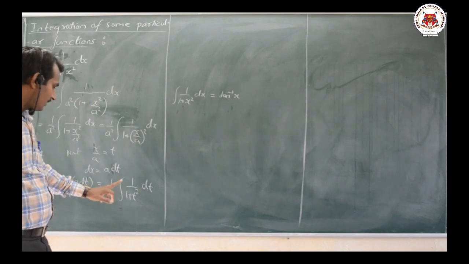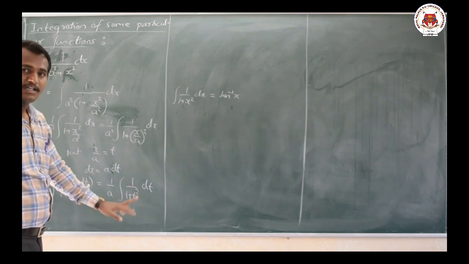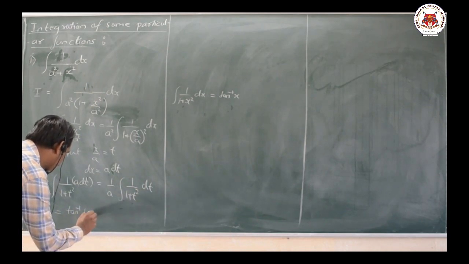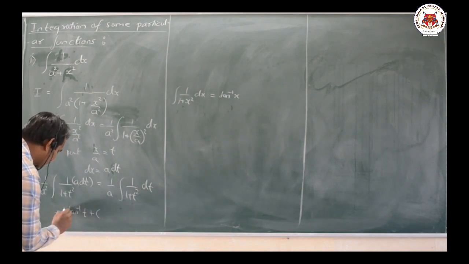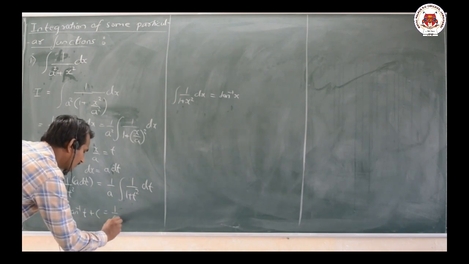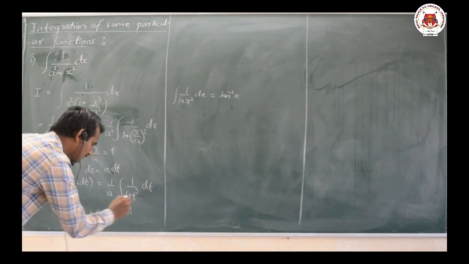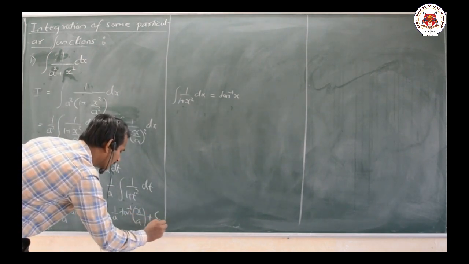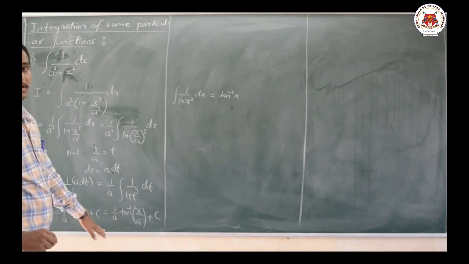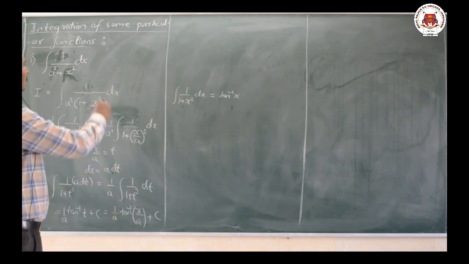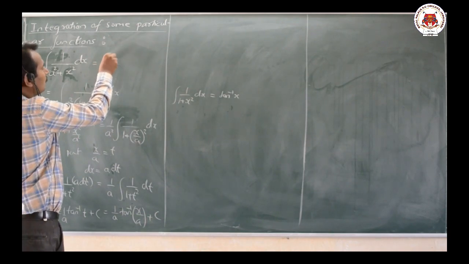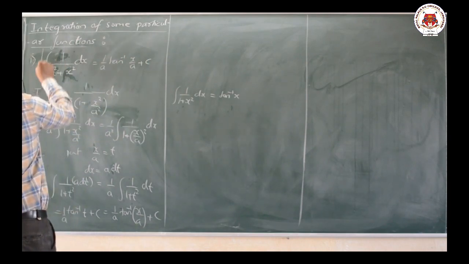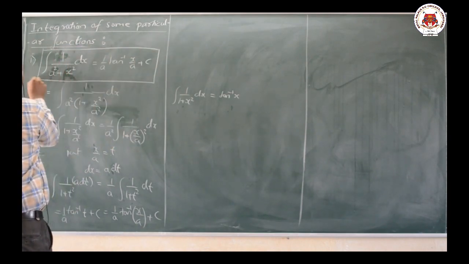In the same manner, integration of 1 divided by 1 plus t square is tan inverse of t, plus an integral constant. 1 by a is remaining, which is 1 by a tan inverse of t, where t means x by a, plus an integral constant c. That is nothing but your required result. So the formula is 1 by a into tan inverse of x by a plus an integral constant c. That is the required formula.